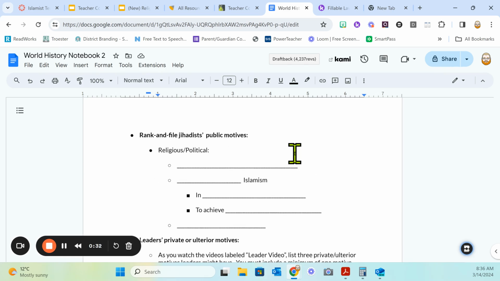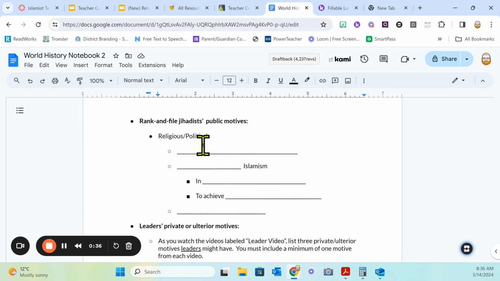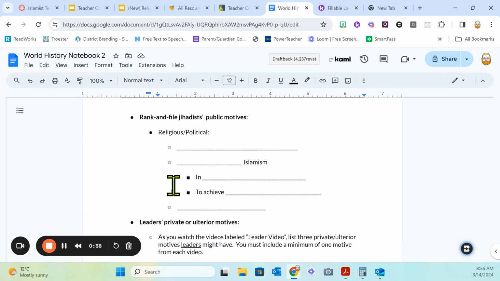At the top of page 62, you will see rank and file jihadists' public motives. And you should already have those notes filled in from, what was that? Tuesday, I guess. Monday or Tuesday.